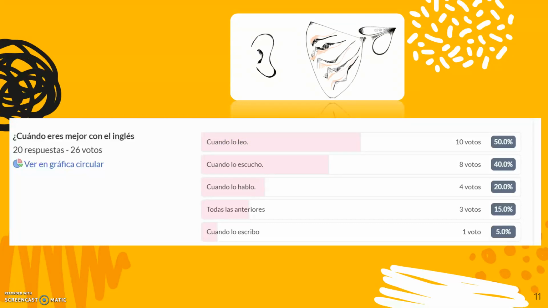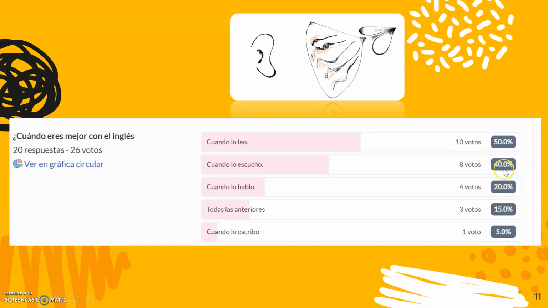It's pretty hard for me, the comprehension of a book, for example. So when I read had 50% of the votes, and that's a lot. That's half of them. Cuando lo escucho had 40% of the votes.